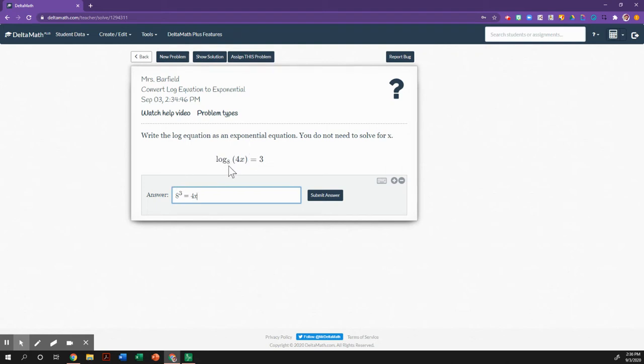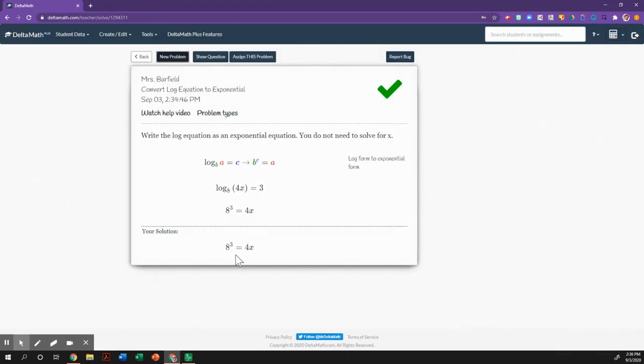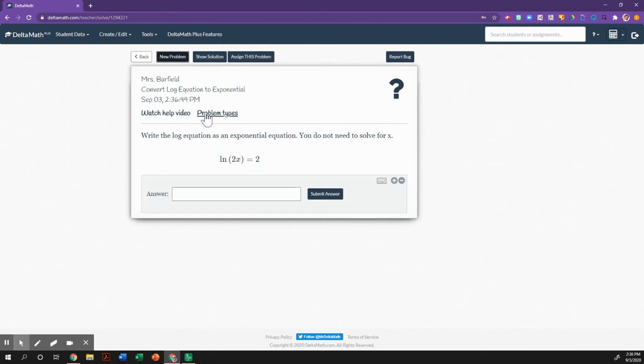So look how I took the log base 8 of 4x equals 3. Well, 8 to the third equals 4x. Submit my answer. Yes, there we go. So it's just how do I convert it? All right, so let's try a new problem.